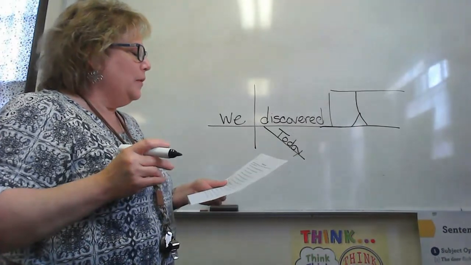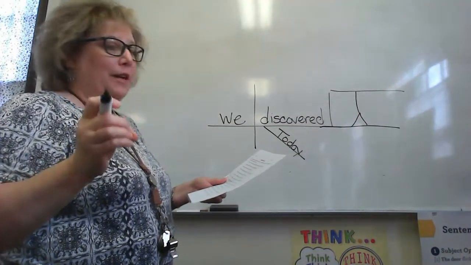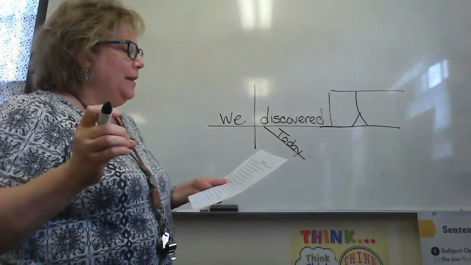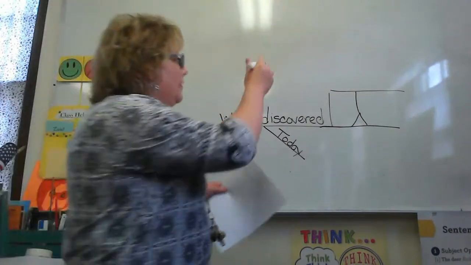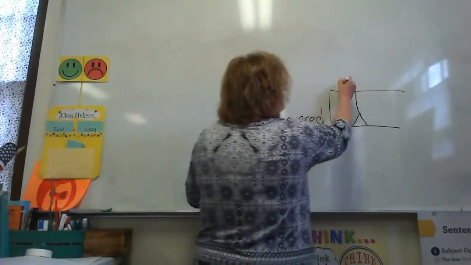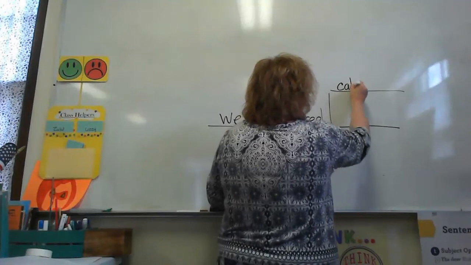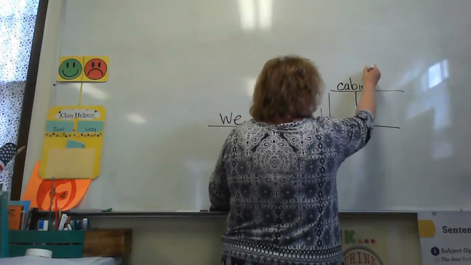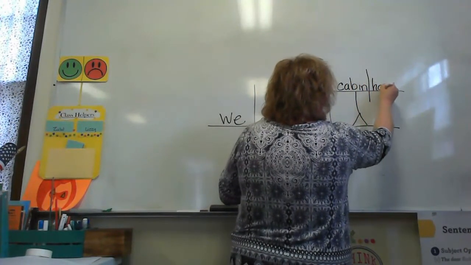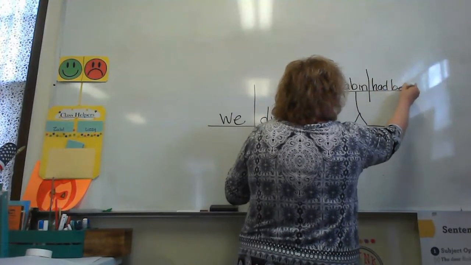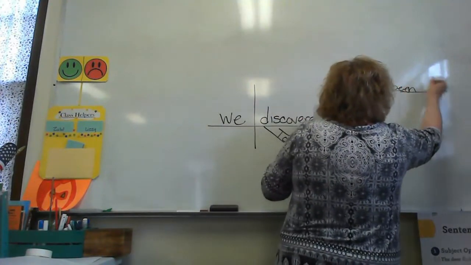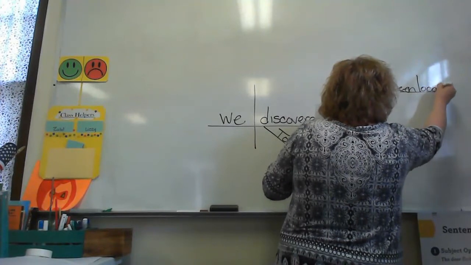And so we are now going to diagram "where the old cabin had been located" on this line. So cabin, the verb had been, we're going to stretch this out.